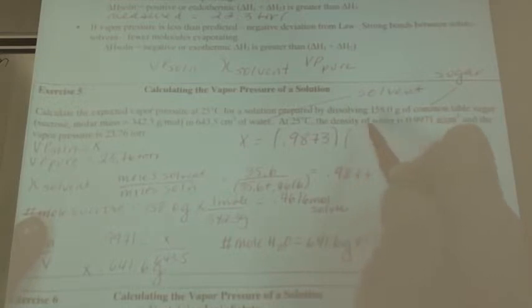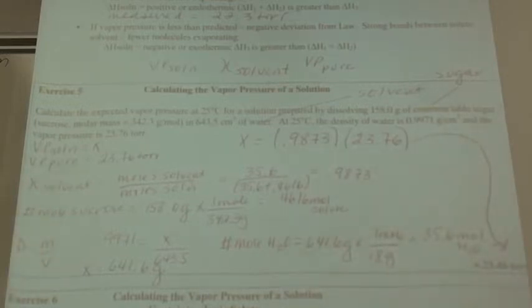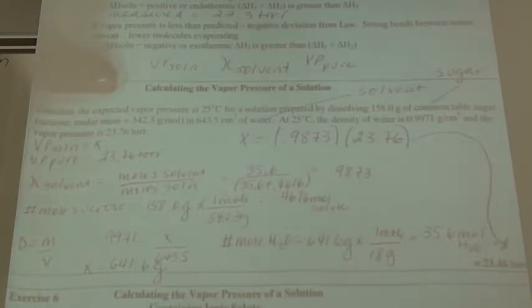X is equal to 0.9873 times the vapor pressure of the pure solvent, and I'm hoping that is less than this. There's quite a few more moles of H2O. Yes, there are. And in these problems, the mole fraction of the solvent will generally be over 0.5, because usually there's more solvent than there is solute.